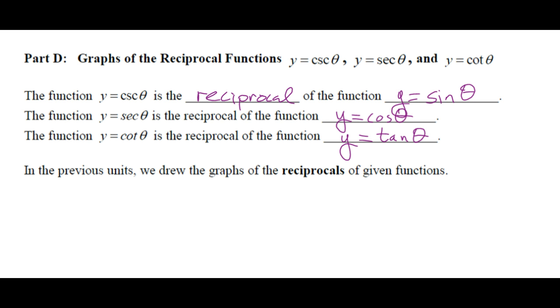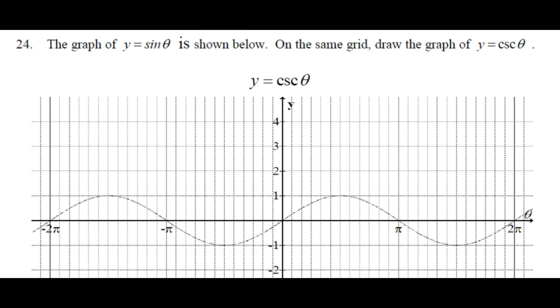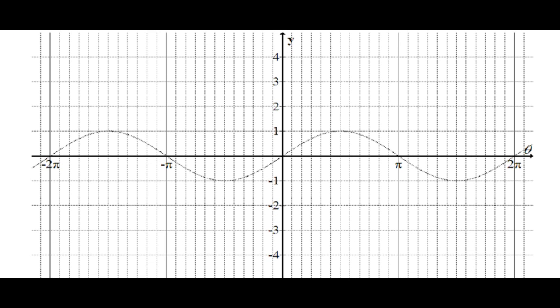As in the previous unit, and in Math 20-1, we do reciprocals of functions, right? If only we could remember how. So, graph of sine theta, draw the graph of cosecant theta. Okay, when you're drawing a reciprocal, what's the first thing you look for? You find the zeros of the original function, and what do you do there?